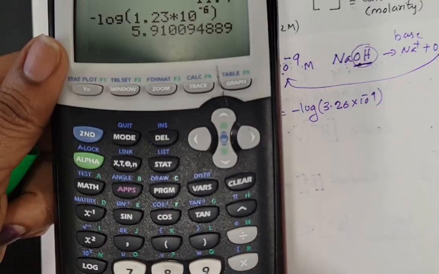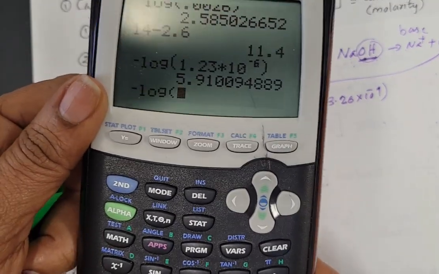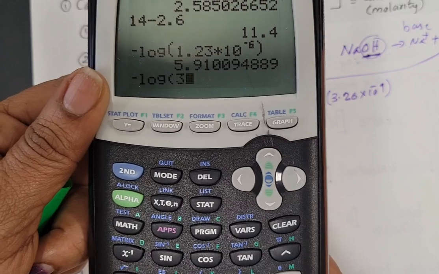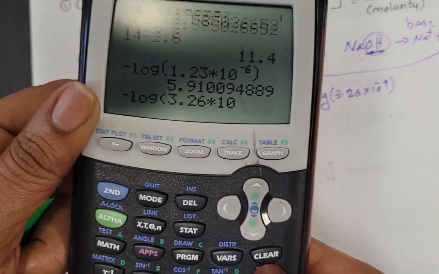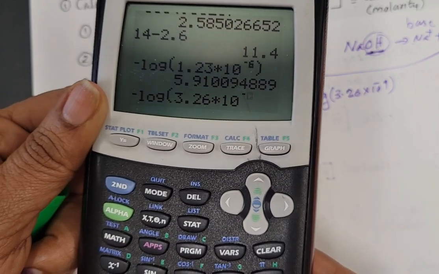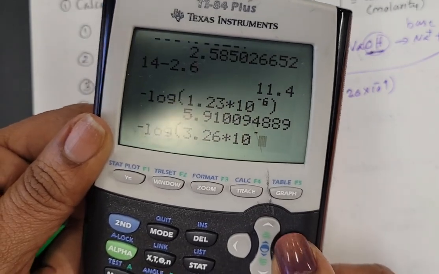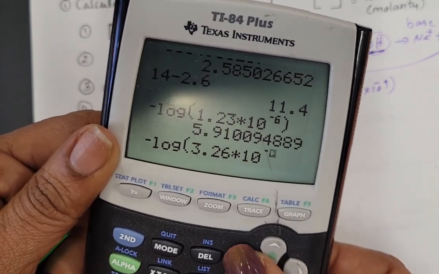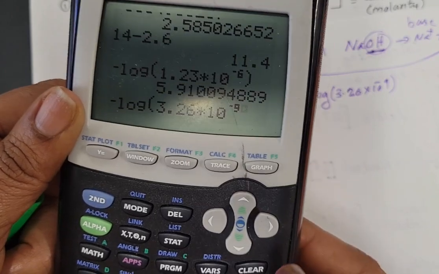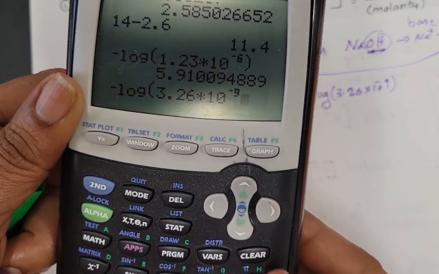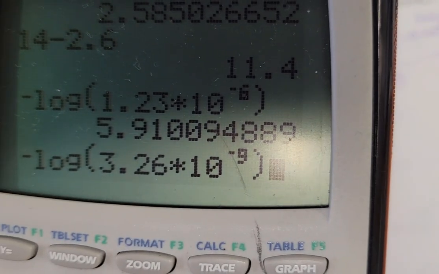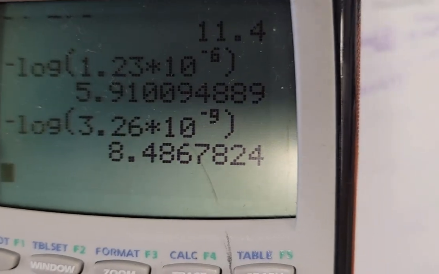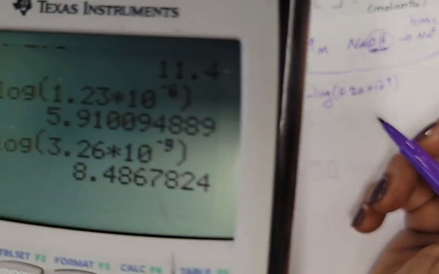So let's do that. Negative log 3.26 times 10 to the power of negative 9. Okay, close it like this. Enter. You will get 8.48.